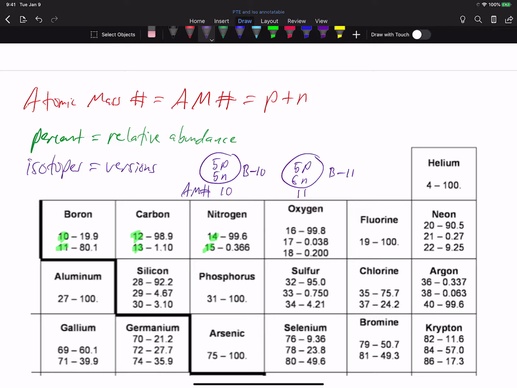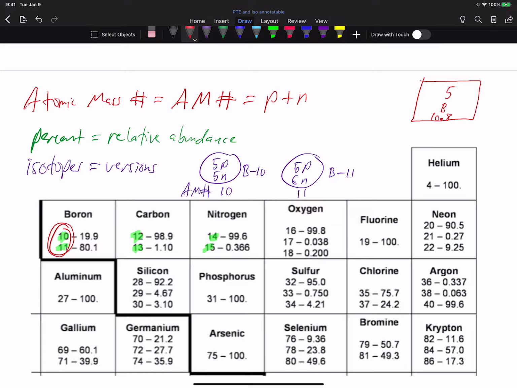We know the atomic mass number of each version of boron. But the thing that we haven't done yet is figured out the atomic mass. The atomic mass on the regular periodic table for boron, let me just draw it in here for us all, is 10.8. Somehow we have to take these two masses, a 10 and an 11, and do something with them mathematically so that we end up with the number 10.8.